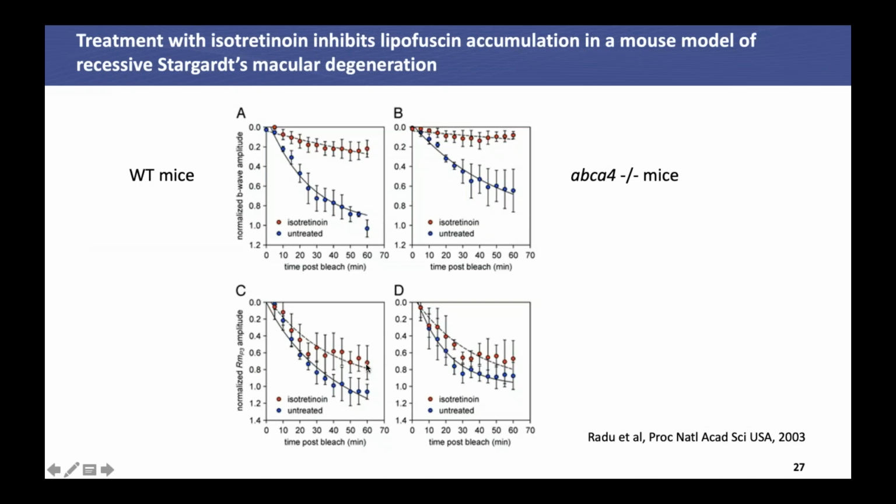This is an animal being treated with isotretinoin, which disrupts the visual cycle, and you can see that it's slower recovery than the wild type. This is in ABCA4 knockout mice, and you can see the same pattern, except these guys are a little bit slower than these guys. And here are the B wave responses that I just showed you.